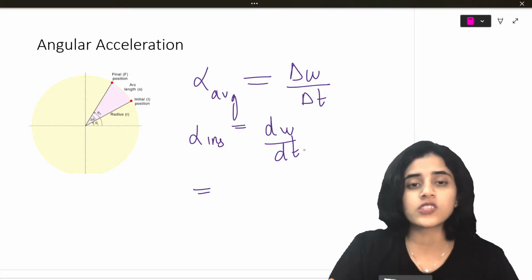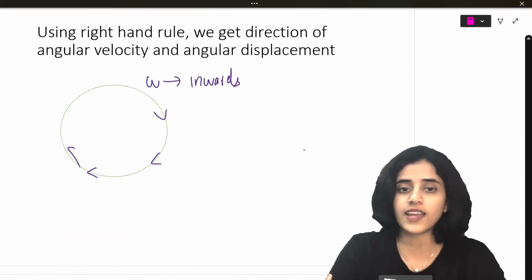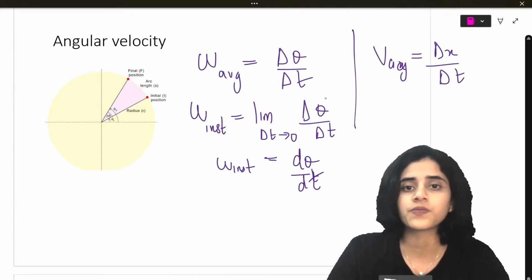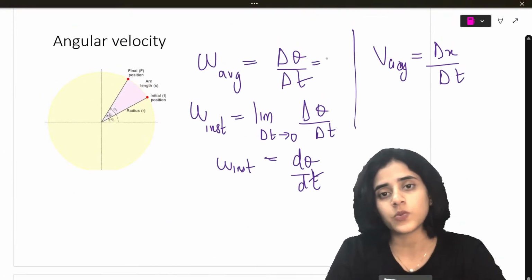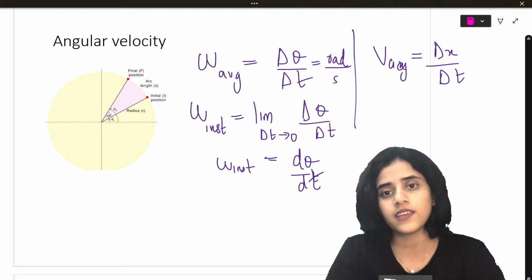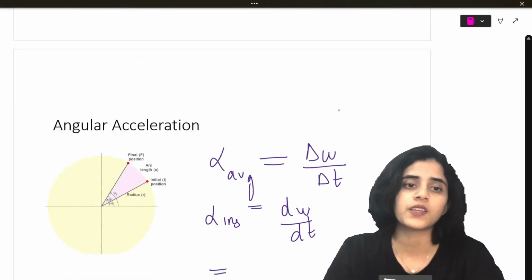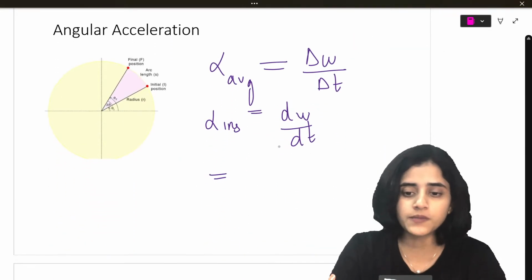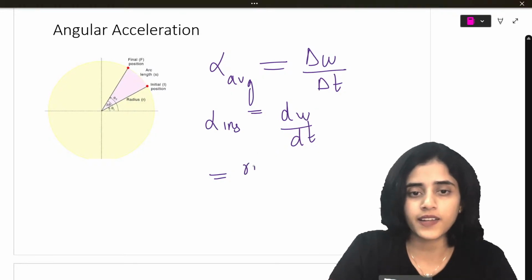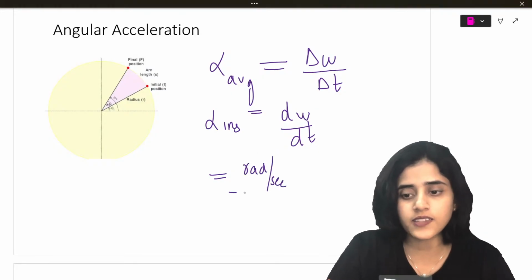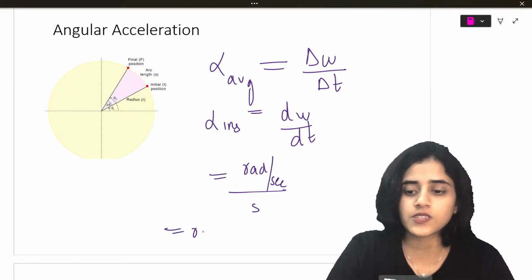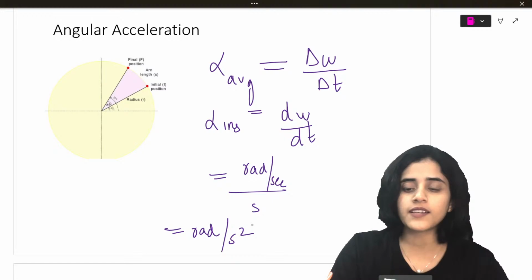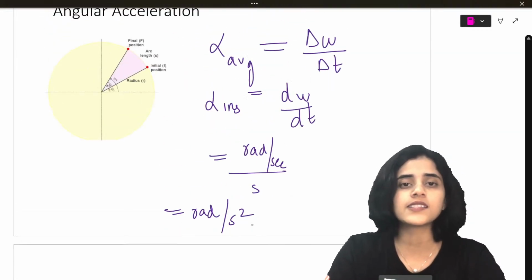So, angular velocity unit also I haven't derived, right? Angular velocity unit is theta, which is radian by second. So, angular acceleration will be radian by second, by second. So, this is radian by second square. Okay. So, angular acceleration is radian by second square.